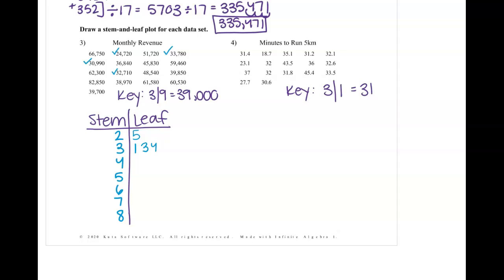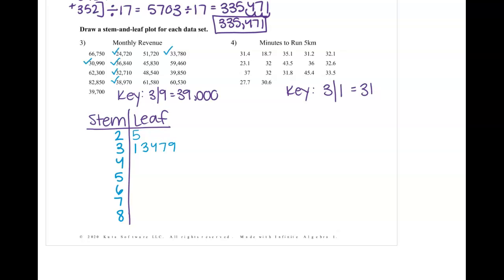Then 36,840, which is 37. And then we have a 38,970 that'll round to 39,000.